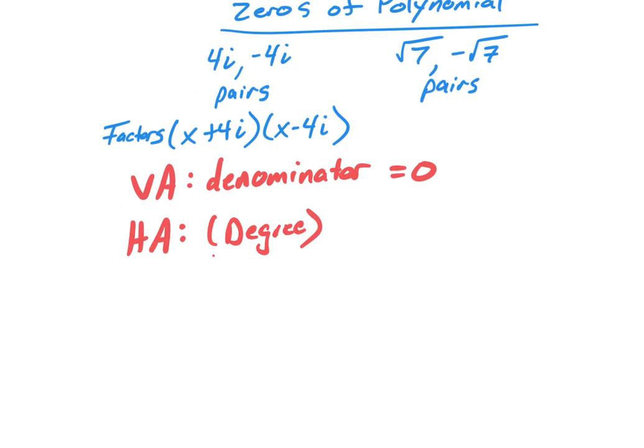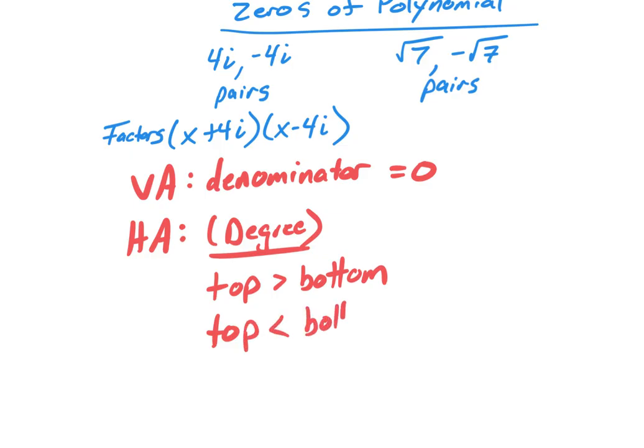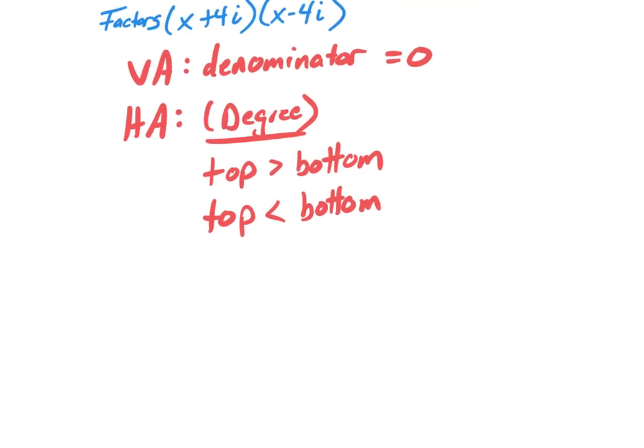And there are 3 rules to determine if there is a horizontal asymptote or what the horizontal asymptote is going to be. And so we're going to ask ourselves, is the degree on top bigger than the bottom? Is the degree on top less than the bottom? Or is the top equal to the bottom? And we're focused on the degree once again.